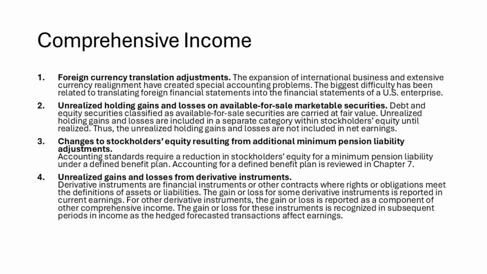For other derivative instruments, the gain and loss is reported as a component of other comprehensive income. The gain or loss for this instrument is recognized in a subsequent period in income as a hedged forecast transaction affects earnings.